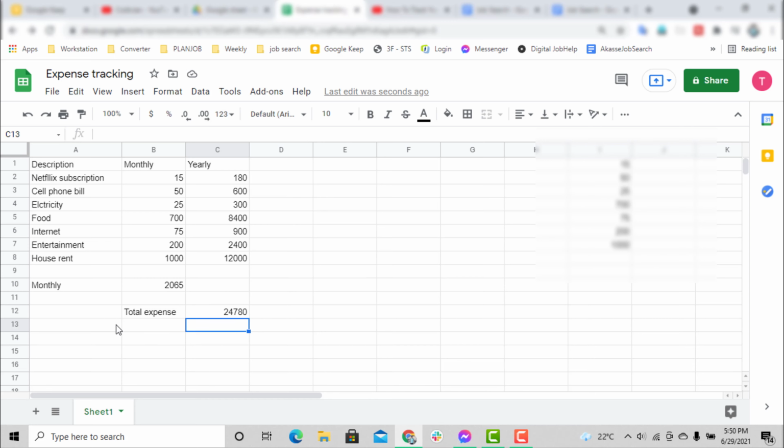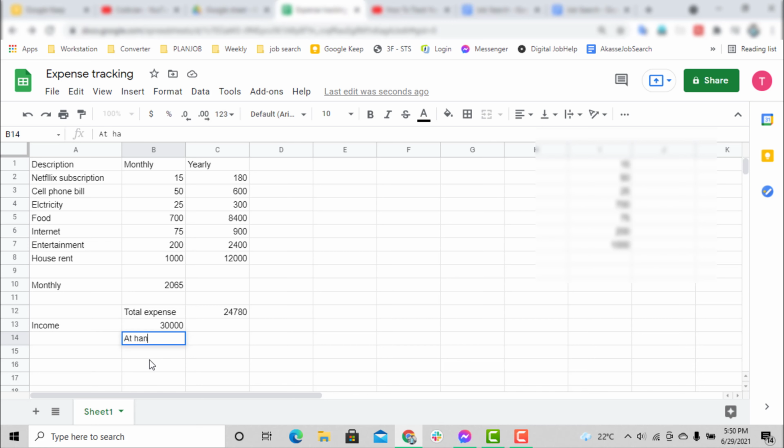So let's say now the income per year is 30,000. That means how much I have left at hand at the end of the year.